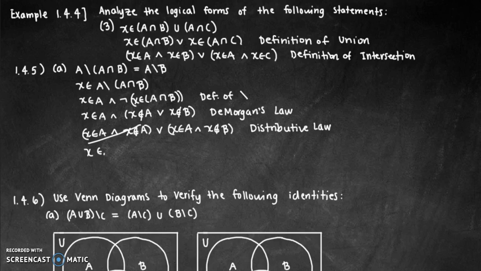So we just have X element of A and X non-element of B by contradiction law. I know that I didn't go over it, but it's good to look back in your textbook about it. And now we think about X is an element of A and X is not an element of B. That identity looks kind of familiar.